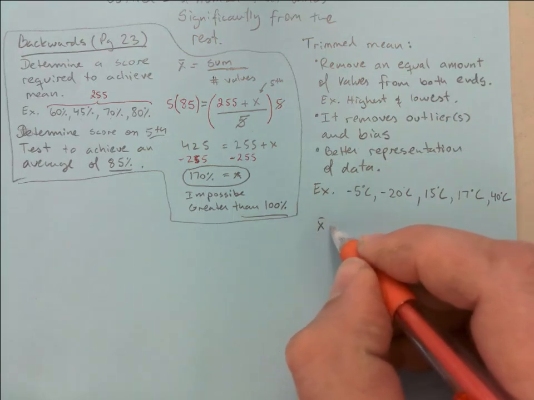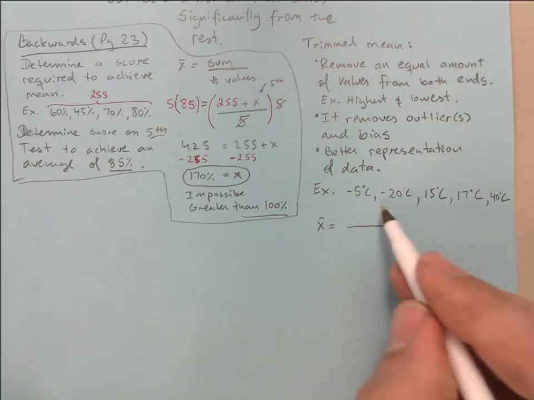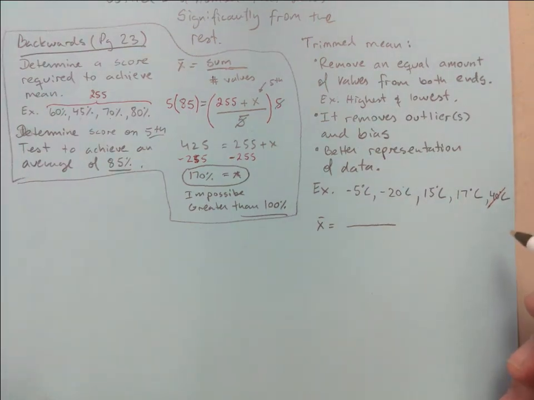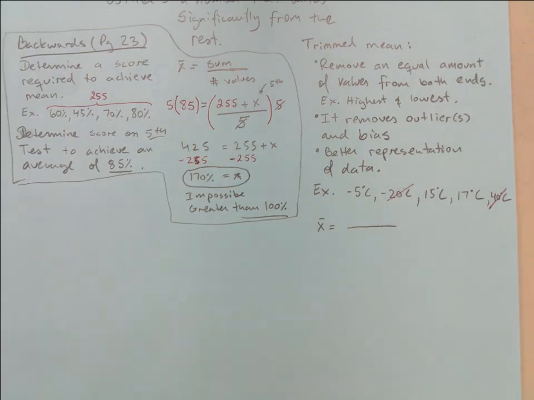Okay, so the trimmed mean would simply be, you look at your values, you take away the highest, and you take away the lowest. And then you do the average of what remains, okay?